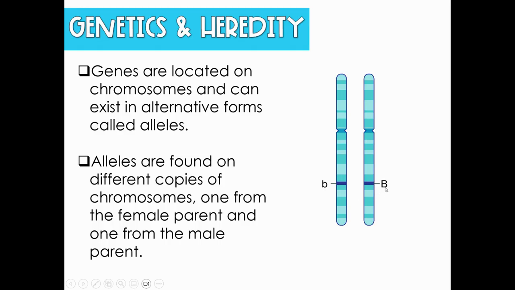This capital B might represent brown hair, and this lowercase b might represent blonde hair. So we're looking at the same gene. This is coding for the same trait, but because we have different versions of that gene, we call these alleles. Alleles are found on different copies of chromosomes, and one of these genes or alleles is going to come from mom, one comes from dad.